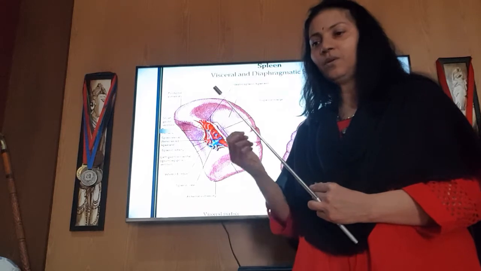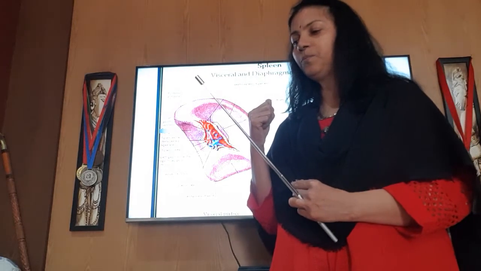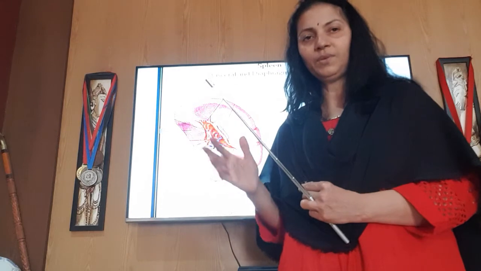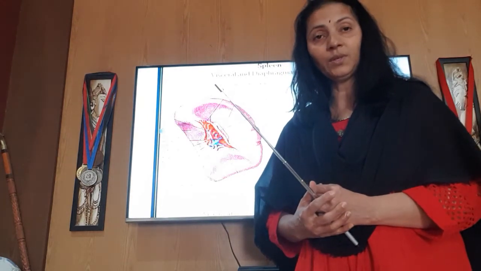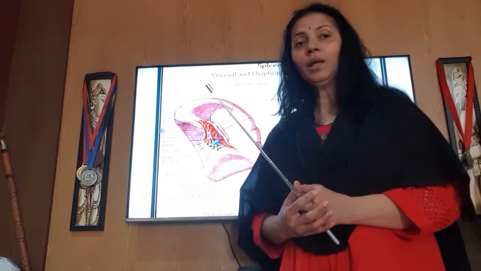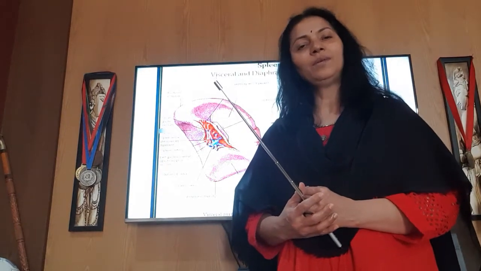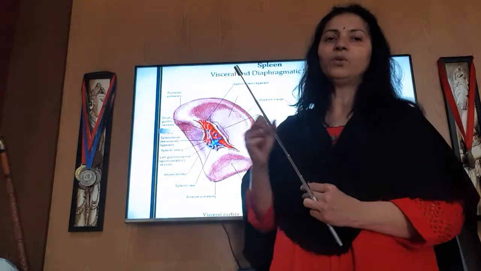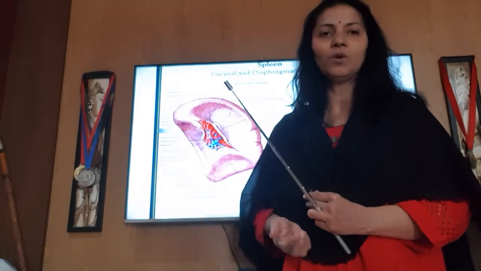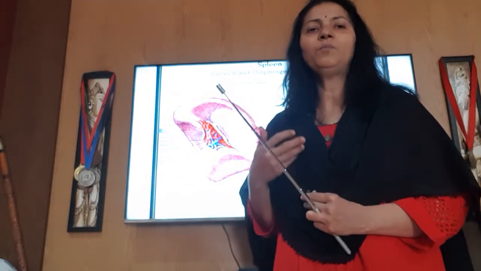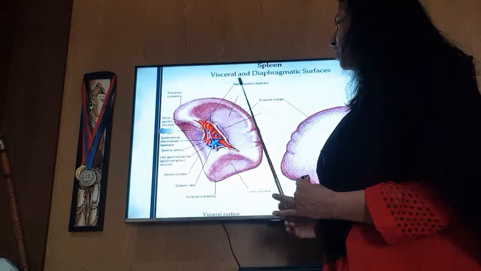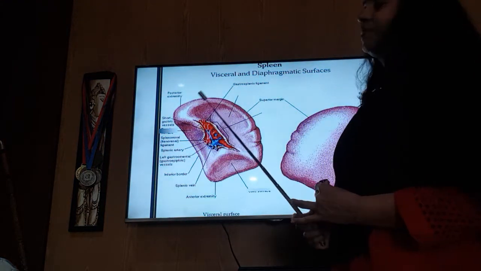We cannot just remove all the RBCs because they are damaged, because every RBC contains hemoglobin, and heme means iron, globin means the protein, and we need both of them again to rebuild the hemoglobin, to prepare a new RBC. So that is why here the damaged portion is removed and the iron and globin is taken up, especially the iron. So this is the function of spleen.